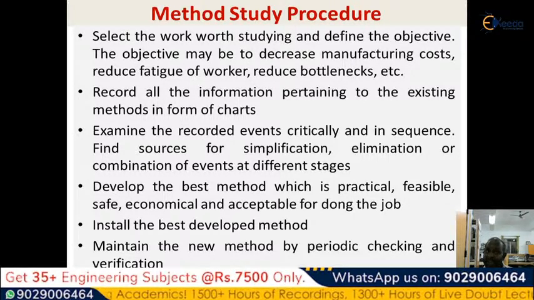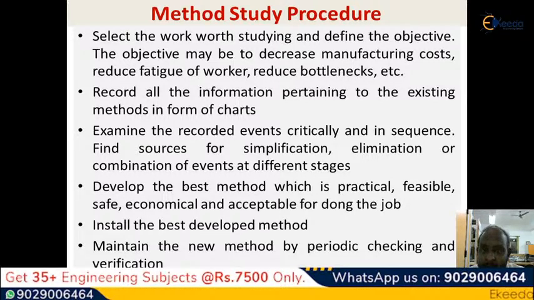So I should select the job correctly so that a method study can be adopted. It has to travel through at least 5 to 10 machines, and it needs some timing for manufacturing. All this has to be there. So first I have to select the work or the process, whether it is worth enough to go for a method study or not. This is the main thing.